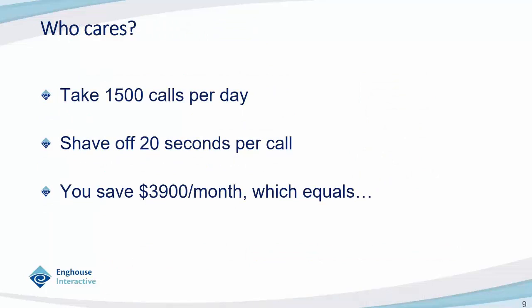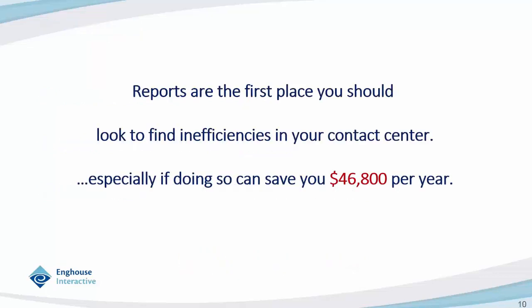Well, if you take 1,500 calls per day in your call center, and you're able to shave off 20 seconds per call, you save $3,900 a month, which equals $46,800, almost $47,000 per year for your call center. And reports are the first place you should be looking for these inefficiencies. So, why don't we get started and see what we can find here?